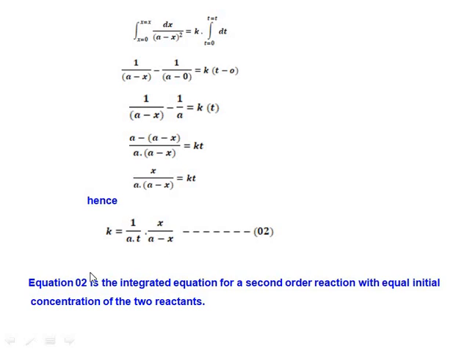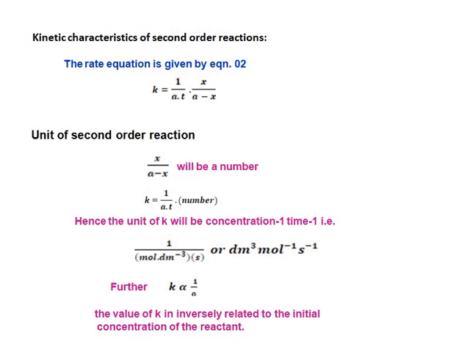This is equation 2, the integrated equation for second order reactions having equal initial concentrations of the two reactants. This is called the rate equation for second order reactions.